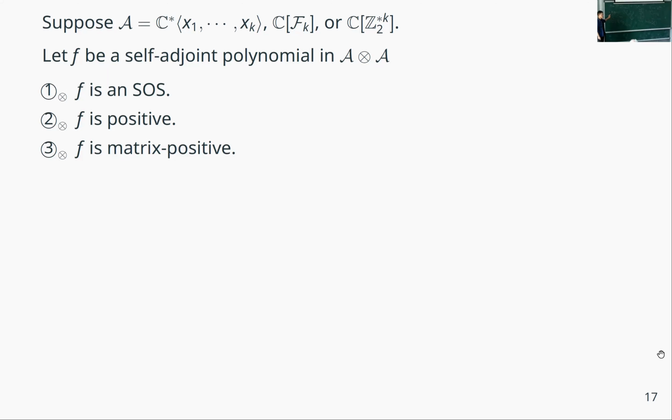It is also not necessary to distinguish them in the infinite dimensional case, because if a polynomial is matrix positive in this scenario, it is also matrix positive in this model. If it is positive in this model, it is also positive in this model.